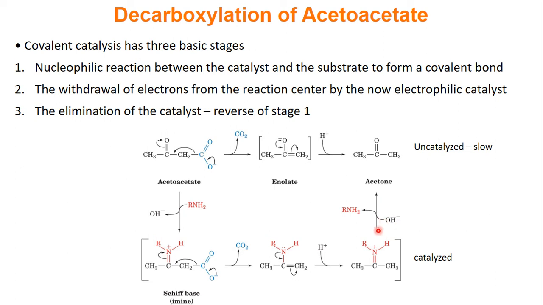Water can come in, kick off our enzyme, so break this Schiff base, break this double bond, restore our enzyme or our catalyst back to the way it was, and make acetone. So see here, we're doing catalysis by forming a covalent bond, and that is speeding up the conversion of acetoacetate to acetone.